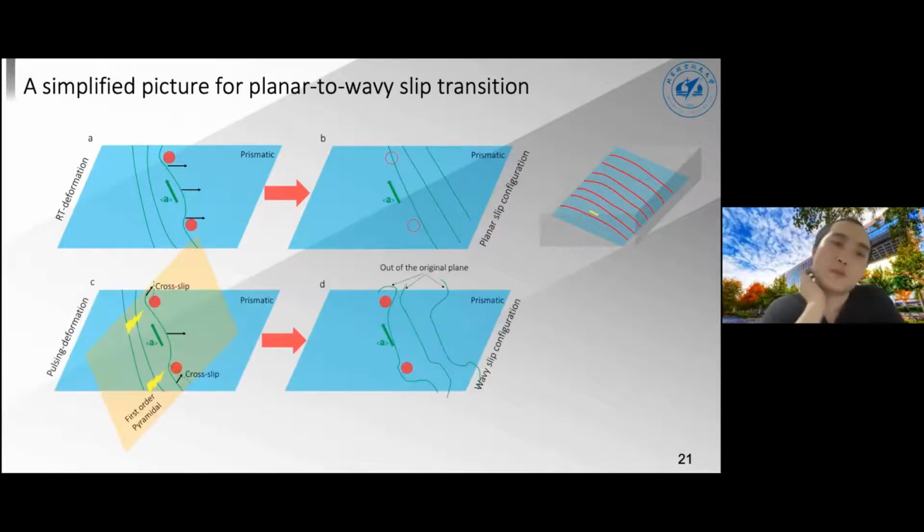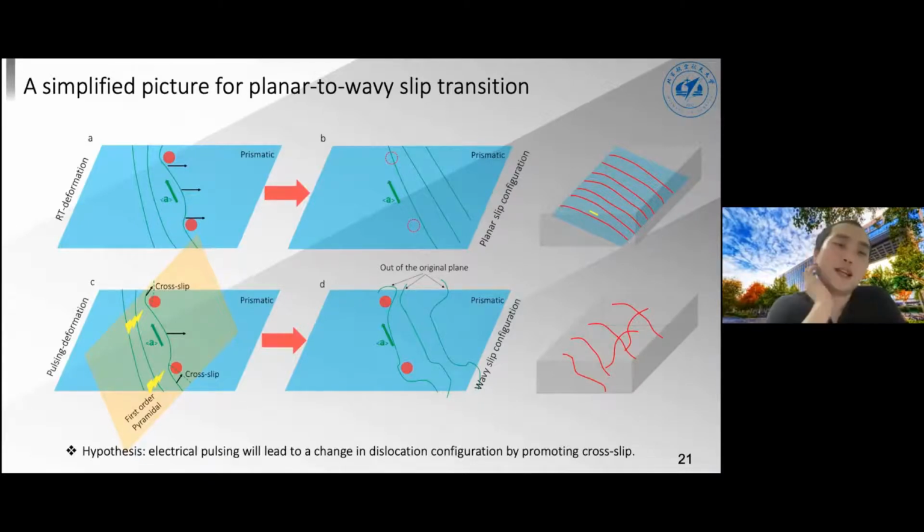Now, if you supply an electrical pulse, our hypothesis is that the pulsing somehow triggers or promotes cross slip when the dislocation is temporarily arrested by the short-range order clusters. And this results in the dislocation getting out of the original planar slip plane, and as a result, it becomes a wavy three-dimensional distribution of dislocations.